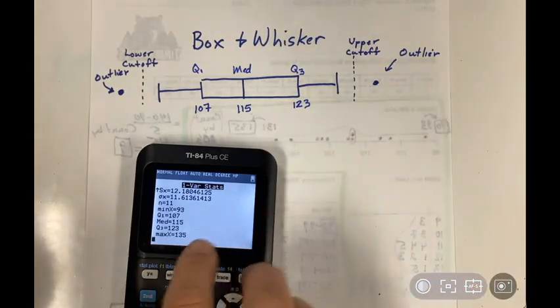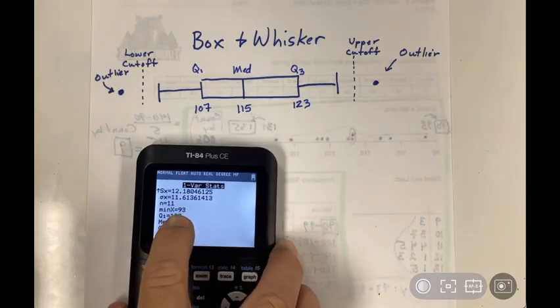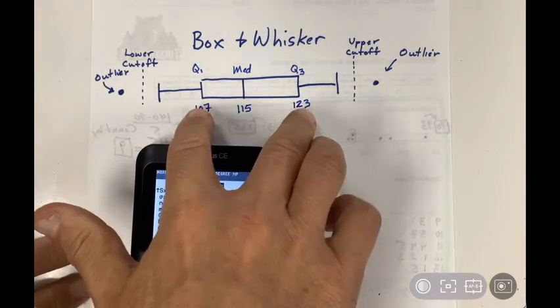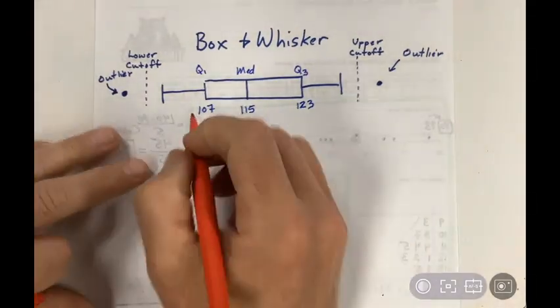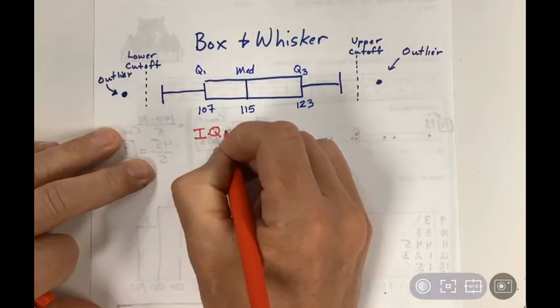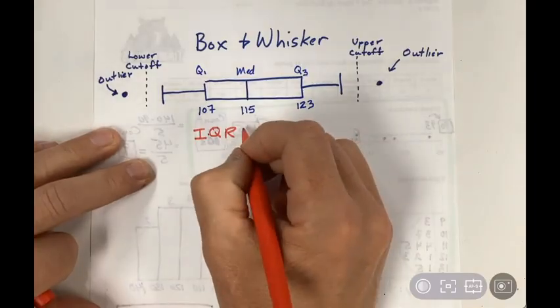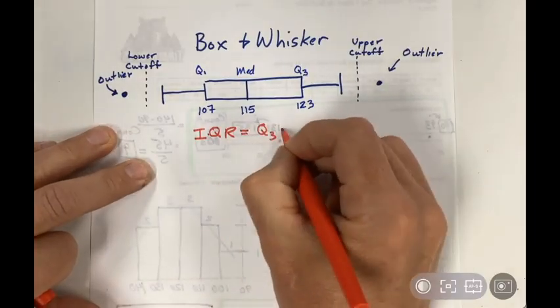Now, as you're building the rest, we have to decide, is 93 an outlier? That was one of the questions we asked on the front side of the sheet. There's a formula to help us figure that out. Now, this box that you see here between Q3 and Q1, we call that distance the interquartile range, IQR to abbreviate, and you find that by simply subtracting Q3 minus Q1.